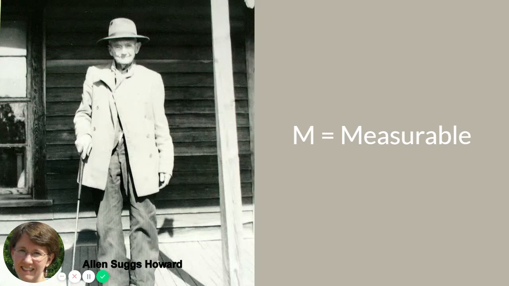Now, M stands for measurable. So along with specific, your goals need to give you a way to measure what you're doing. If your goal is to research, say, Wake County court records, that's very general, but a more measurable goal would be to research Wake County Court of Pleas and Quarter Sessions records from 1800 to 1812.